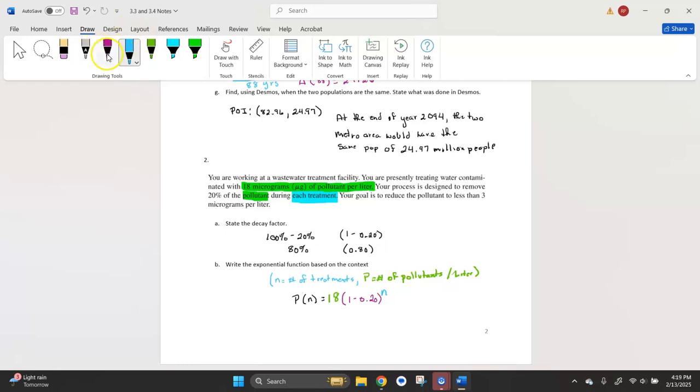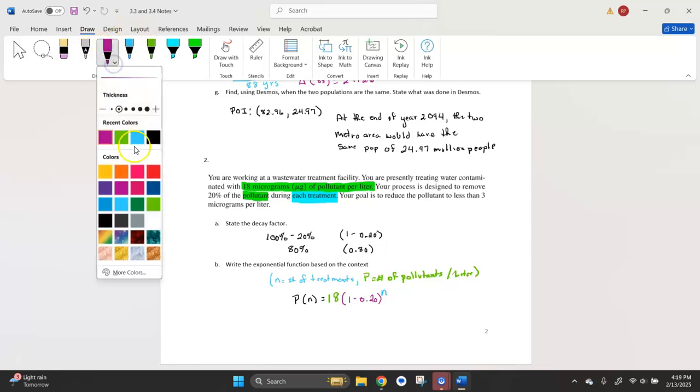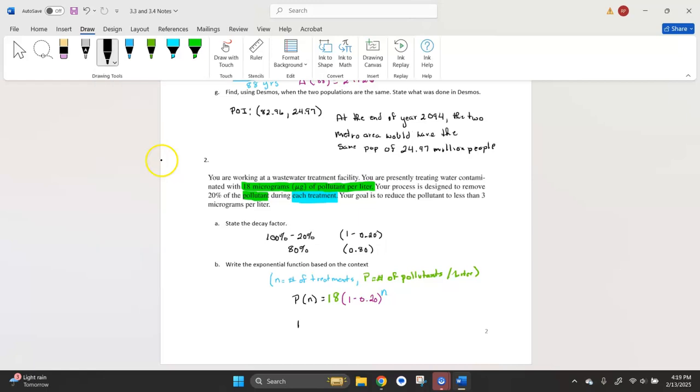So that's one version of it, or we could write it the other way, where we have it simplified and write P of n equals 18, and now we simplify the factor and write 0.80 raised to the n power.